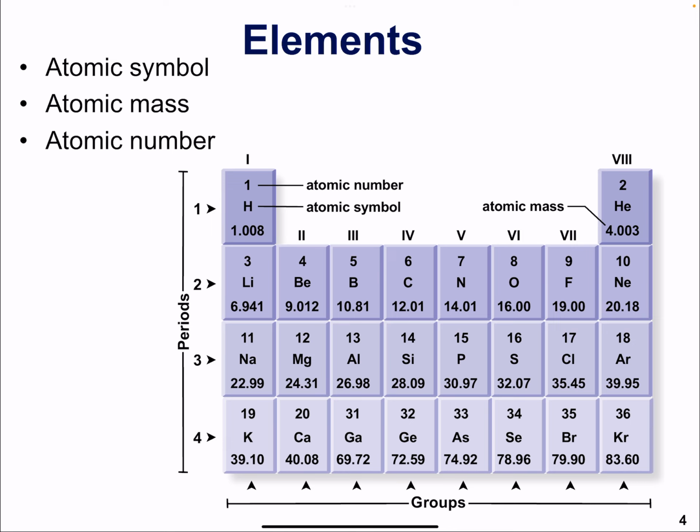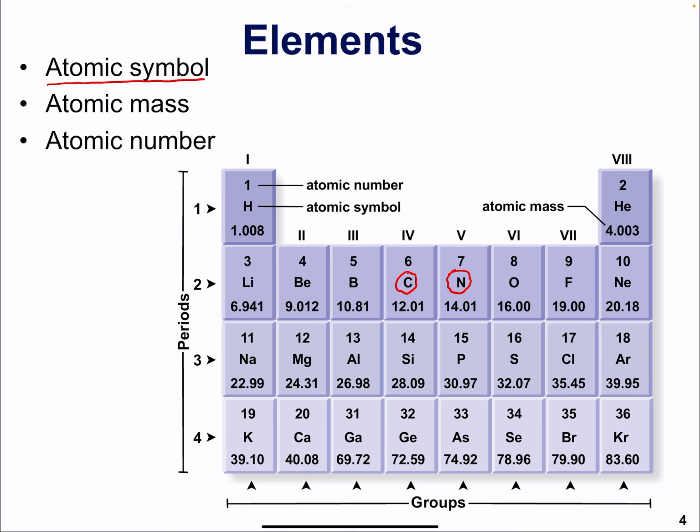However, some of the information I want you to remember is the atomic symbol. Every single atom in the periodic table has a symbol. For instance, nitrogen is symbolized N, carbon is symbolized C.